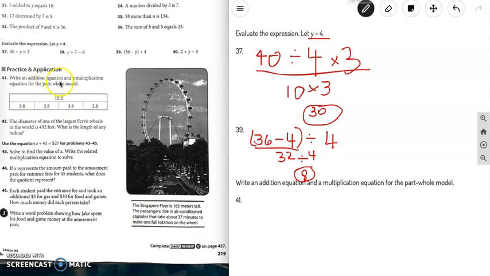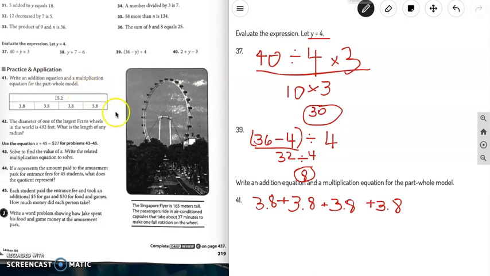Write an addition equation and a multiplication equation for the whole model. Oh, these are back. I remember these models. Okay, so the answer is 15.2. We got 3.8 plus 3.8 plus 3.8 plus 3.8. Ta-da! That is our addition equation.